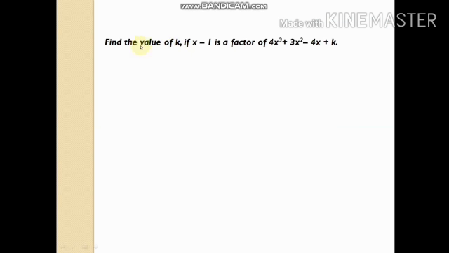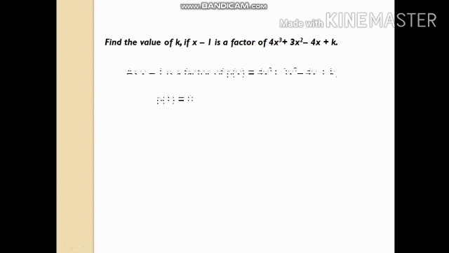Another question is, find the value of k if x - 1 is a factor of 4x^3 + 3x^2 - 4x + k. In this particular question, it is given that x - 1 is a factor of this polynomial and we have to find the value of k. If x - 1 is a factor of this given polynomial, it means the remainder will be 0.